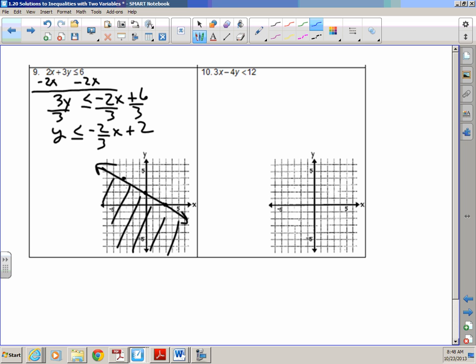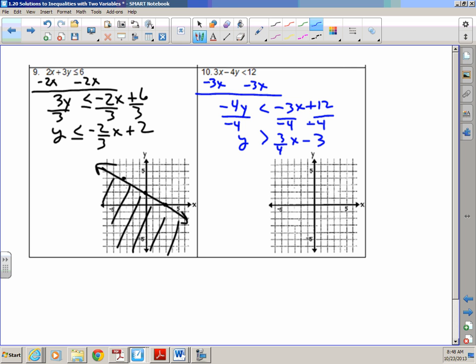And then finally, I subtract. Now you've got to be careful because as we've done before, if you multiply or divide by a negative, your inequality flips.